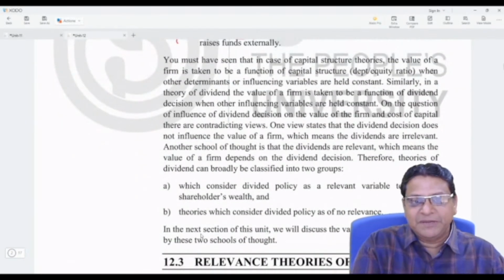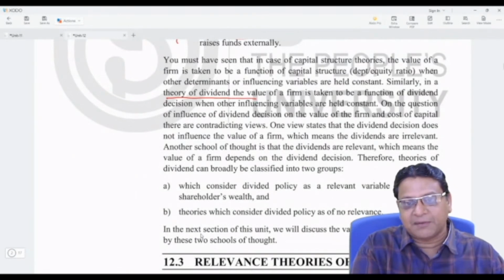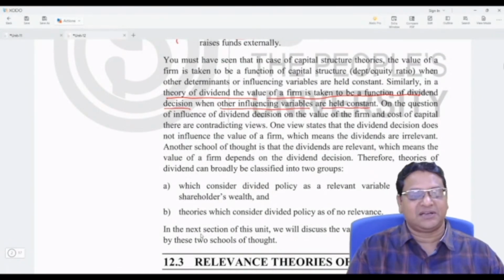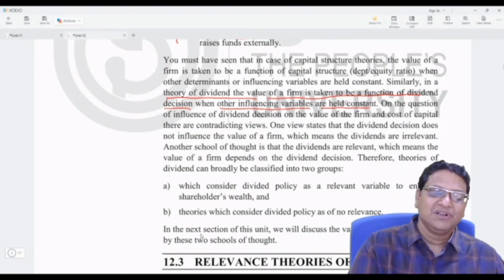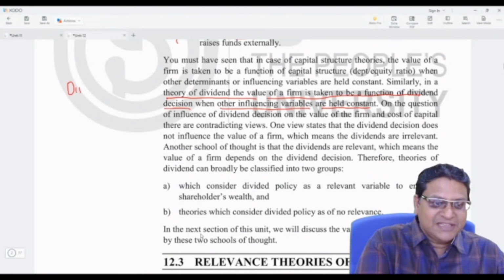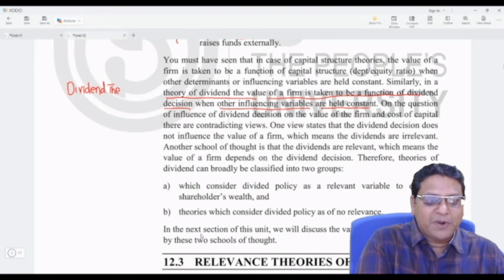So in a theory of dividend, the value of the firm is taken to be a function of dividend decisions where other influencing variables are held constant. Now we will discuss different dividend theories. We have already discussed that dividend theories are classified into two parts. What are the two parts? Relevance theories and irrelevance theories. What is relevance theory?